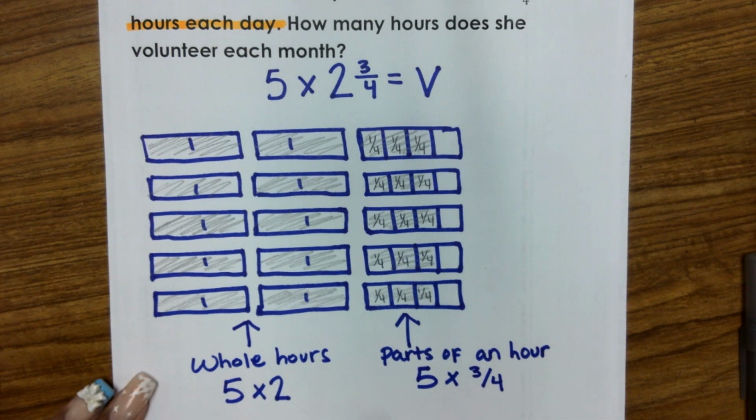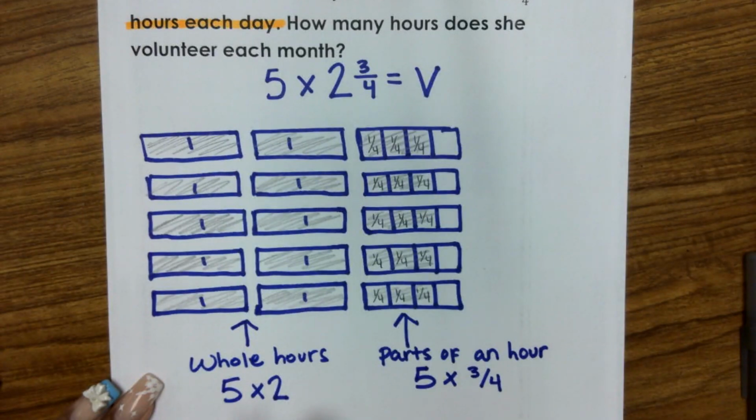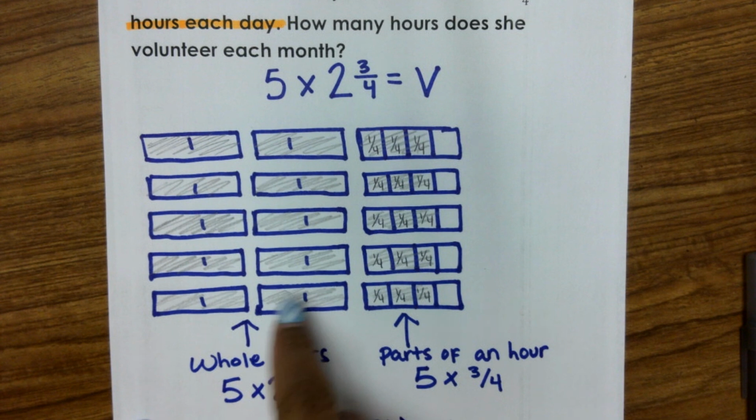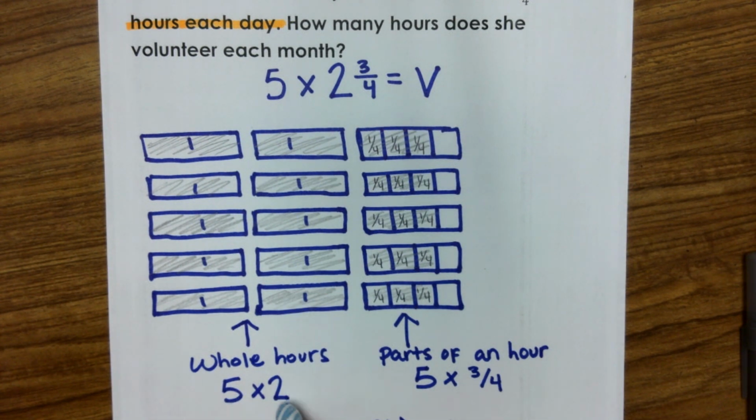If I was to write that out, my total amount of hours that Helen volunteers would be 5 times 2 plus 5 times 3/4, and that's going to get me V. First I need to determine the number of whole hours represented. I'm going to count them out: 1, 2, 3, 4, 5, 6, 7, 8, 9, 10. She has 10 whole hours because 5 groups of 2, or 5 times 2, is equivalent to 10.